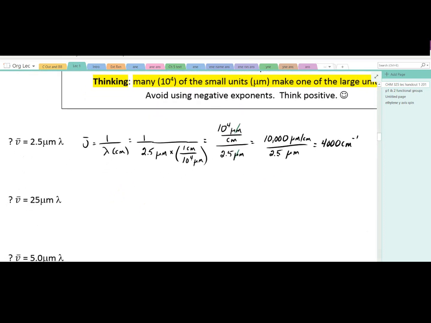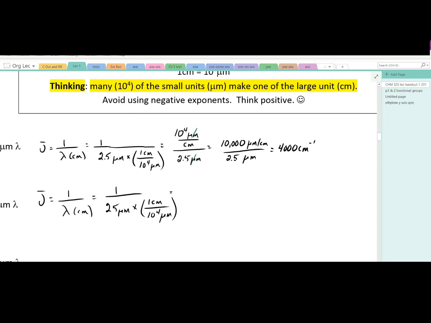Let's calculate the wave number corresponding to 25 microns. It is 1 over the wavelength in centimeters, which equals 1 over 25 microns times, converting to centimeters, invert the fraction: 10 to the 4, or 10,000 microns per centimeter, divided by 25 microns.